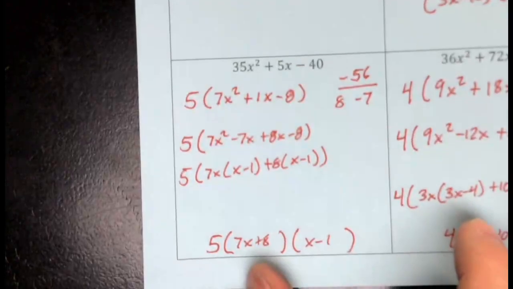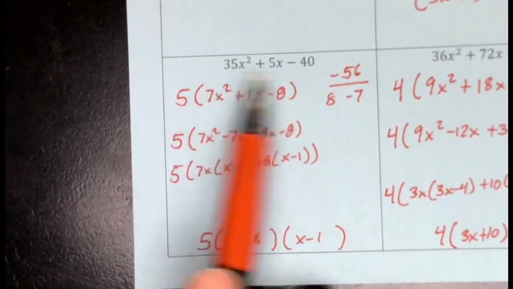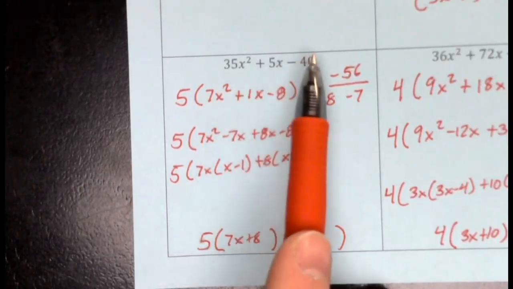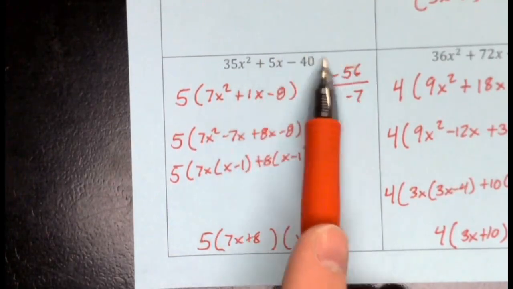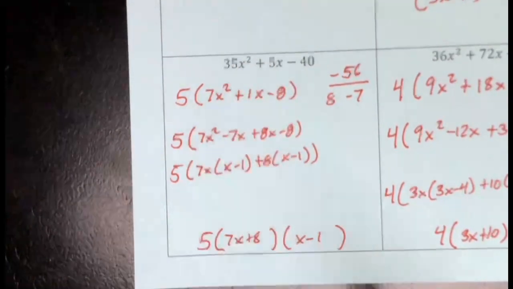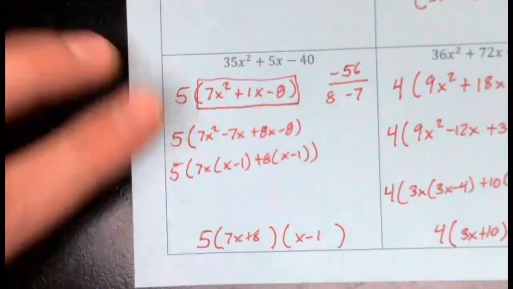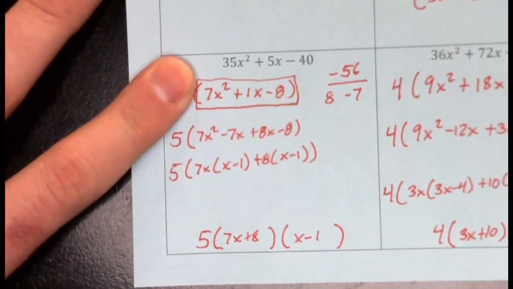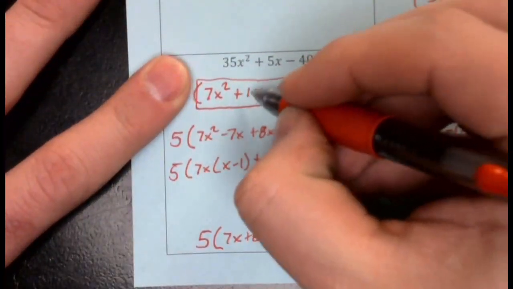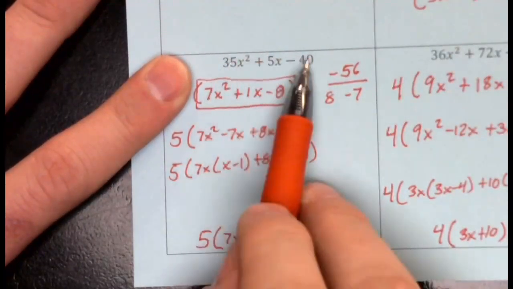If we were to look at the front page again, the reason we can't just get rid of this 5 is there's nowhere for it to go. We need another side of our equation. So if I were to divide this by 5, we'd end up with this trinomial, but without the 5. And what I have boxed right here is not the same as what I have typed here.